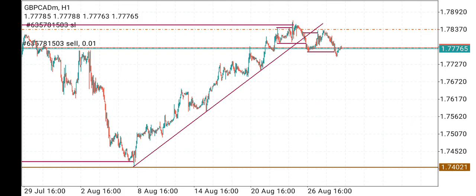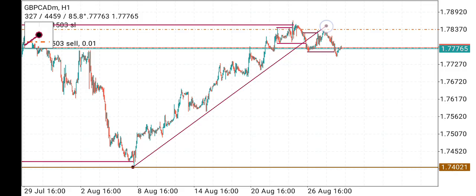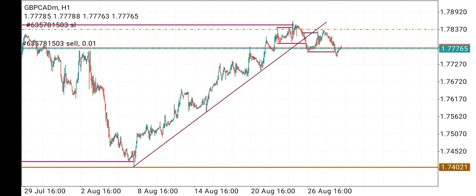So in GBP CAD, we've seen on the H1 time frame, some people can think that this is a trend line trading strategy. No, I'm not trading a trend line trading strategy. Some people call it a breakout and a retest, anything you want to call it.